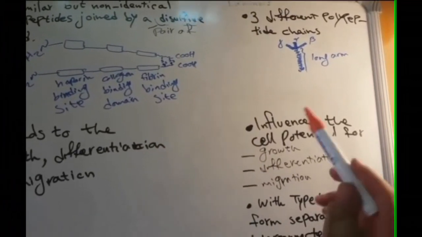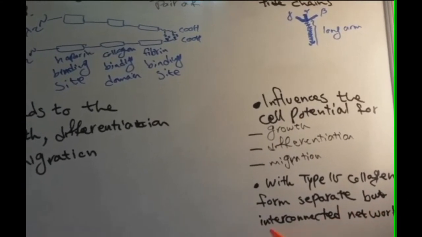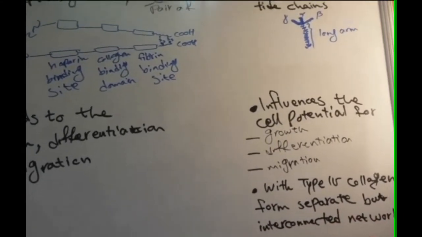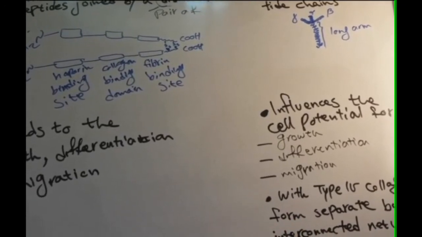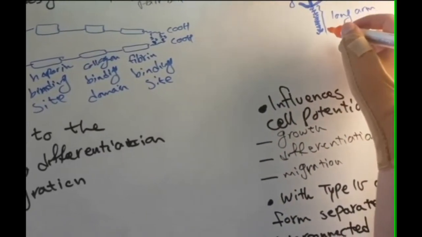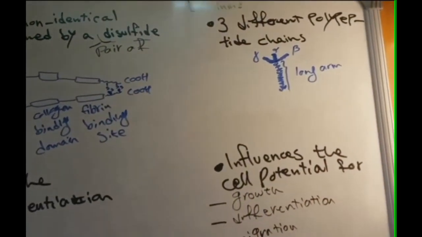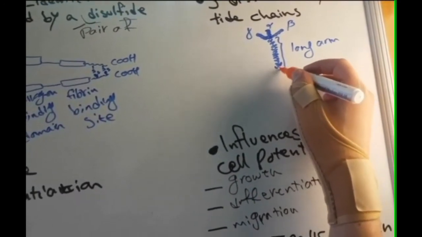Also, the laminin together with type 4 collagen forms a separate but interconnected network that gives strength to the extracellular matrix. They bind together via a protein known as entactin.